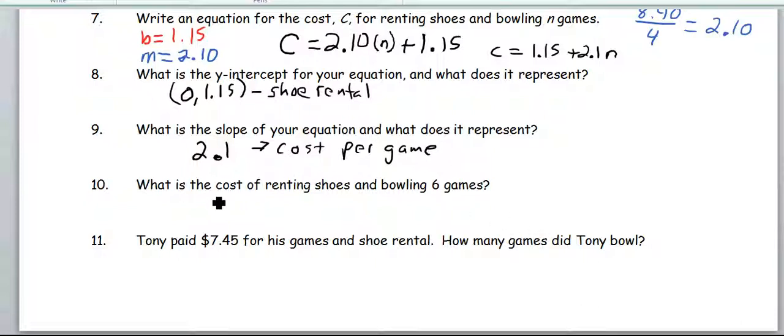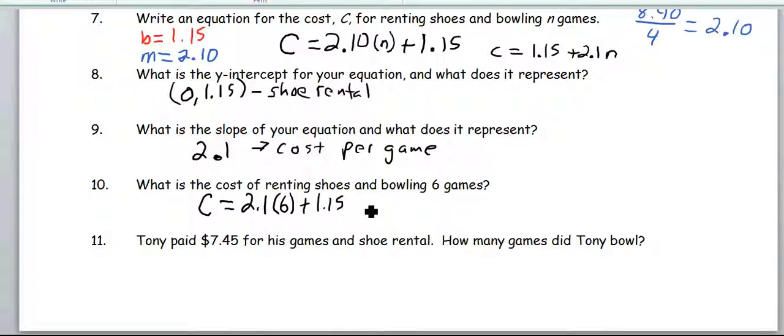So now it asks, what is the cost of renting shoes and bowling 6 games? Well, how do we find that out? Well, we go back to our equation. We have the cost equals 2.10 times the number of games. So we're not putting in that variable because we know what the variable's value is. The value is 6 games, plus $1.15.